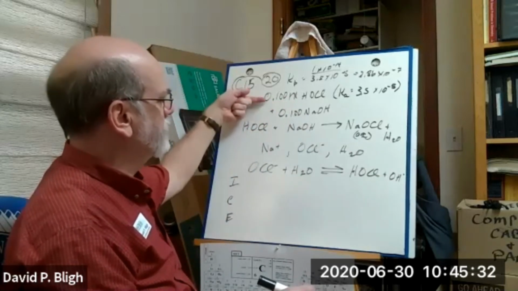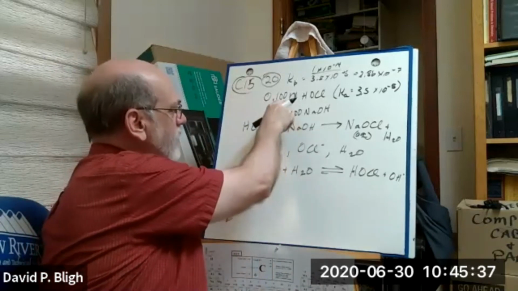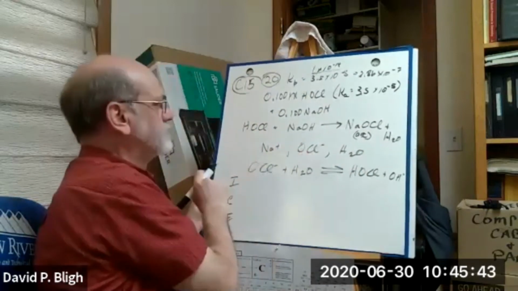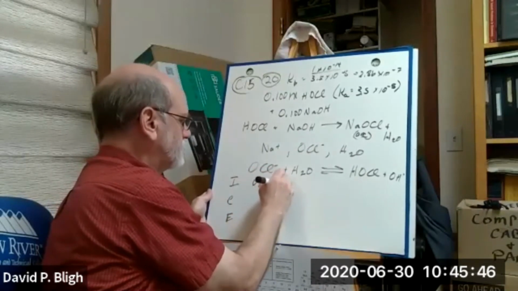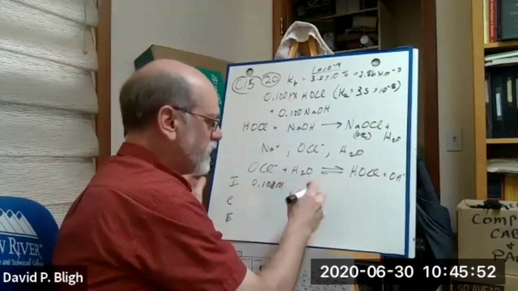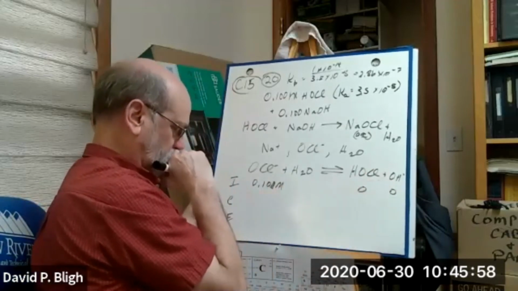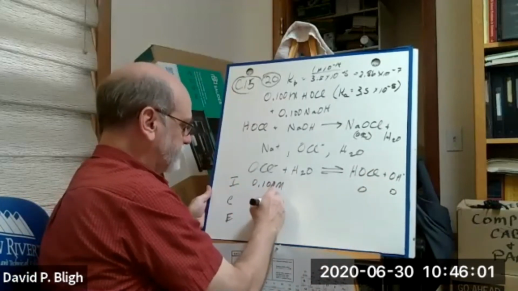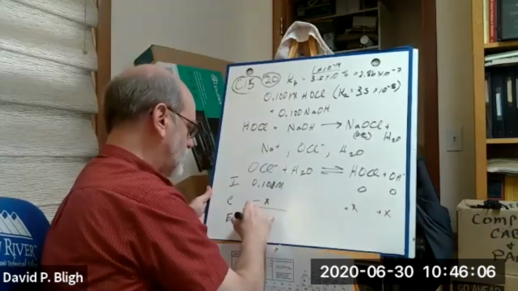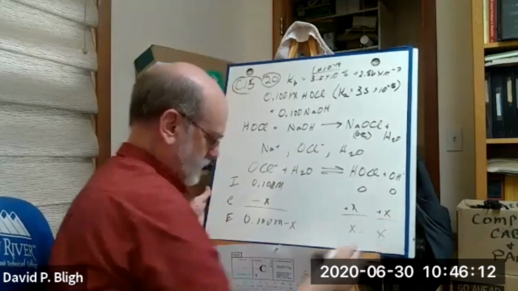So it's going to take the same volume of this one and this one. And now we're going to have all of this converted to that. So that's our concentration for this one. Water doesn't count. And we're going to say that's 0 and that's 0. So now we're going to have that, 0.1 minus x, and then x and x.